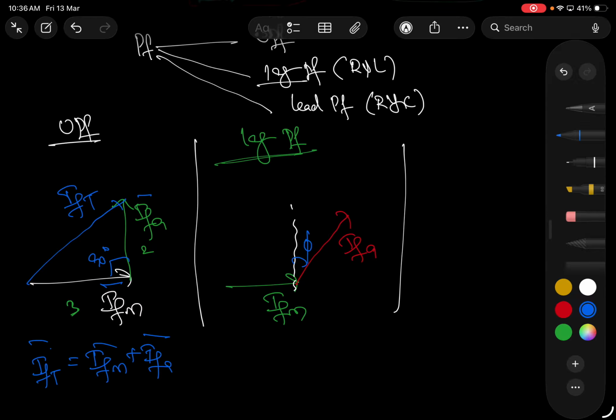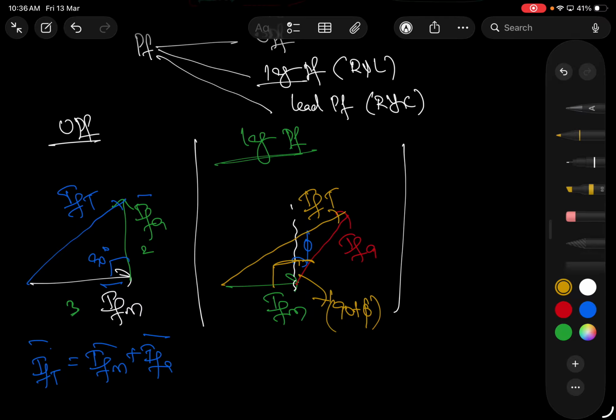So what is the resultant phasor sum? This is IFT here. And the total angle is 90 plus phi. I will use all this for concluding the formulas.